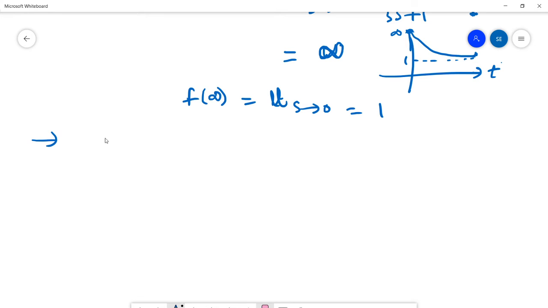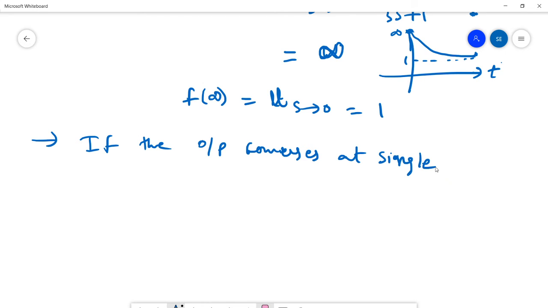If you are getting the output as infinity, then we can't determine the system. So if the output converges at any real point, a single value, then the final value exists.